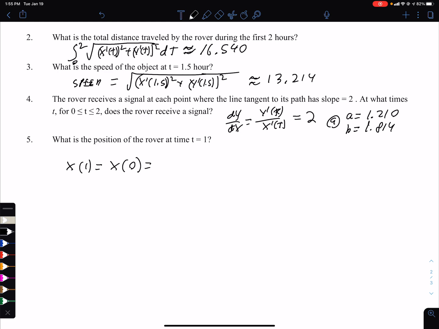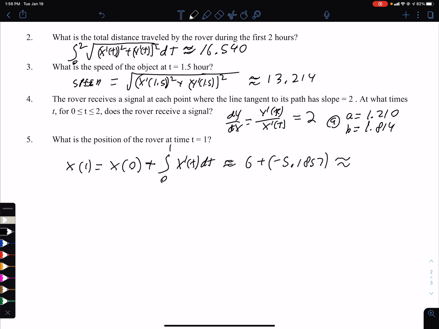Then to that, you're going to add the change in x from 0 to 1 by integrating x prime of t dt. The starting position is 6. That integral comes out to be about negative 5.9857.